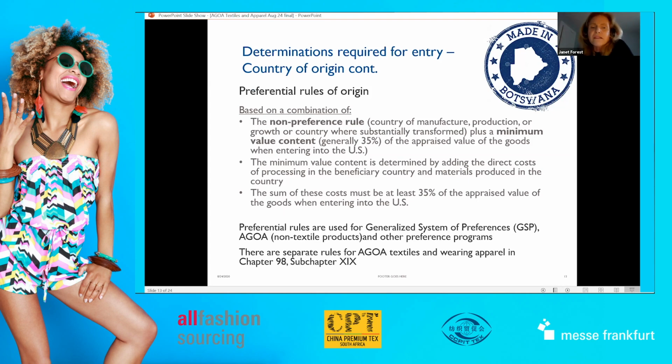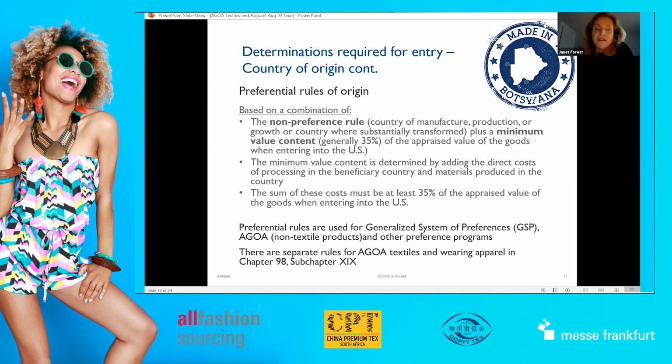And that 35% is determined by adding direct costs of processing and materials produced in the country, the beneficiary country. Direct cost of processing is defined pretty broadly. It can include things like electricity for the factory, staff, certainly all the labor, etc. The sum of these direct costs of processing and materials produced has to be at least 35% of the appraised value of the goods when they enter the US.